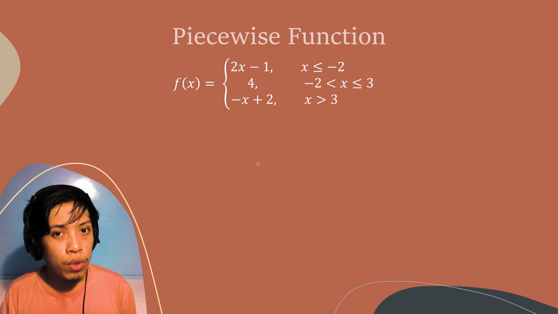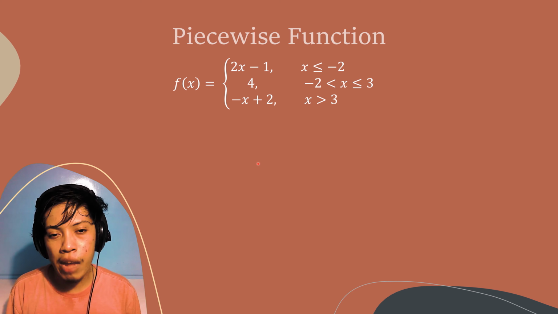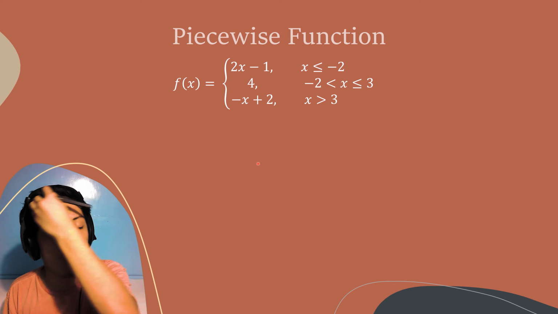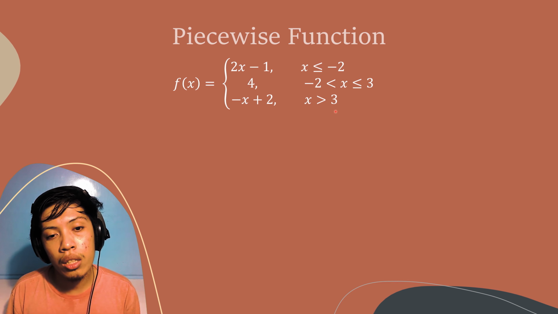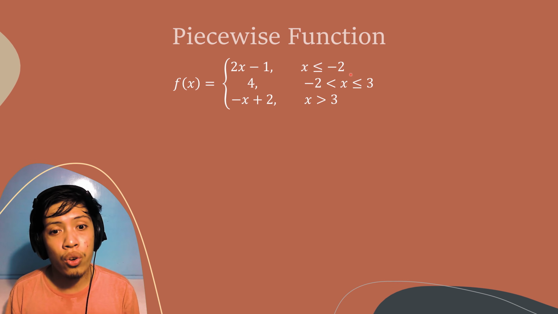I know some of you already encountered this piecewise function in high school. So what is a piecewise function? There are 3 lines, this one, this one, and this one. Each line has a comma. The comma separates this quantity from this inequality, which we call the condition, and this is the value of the function.